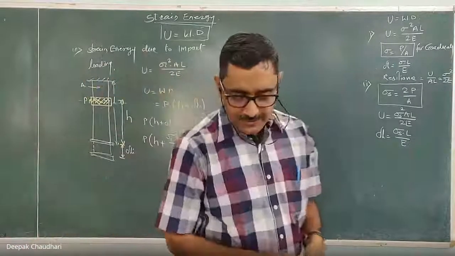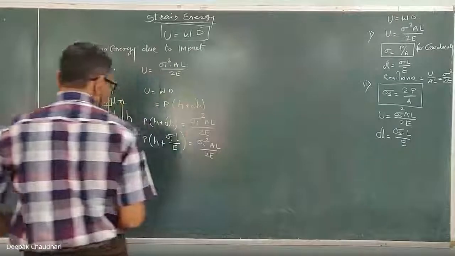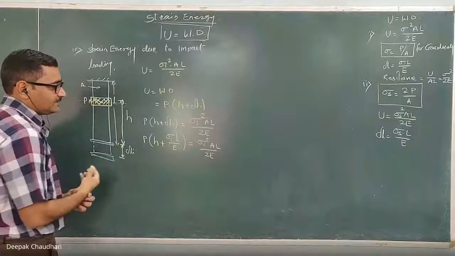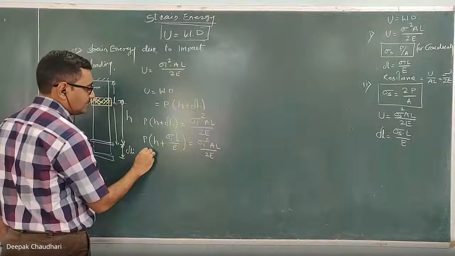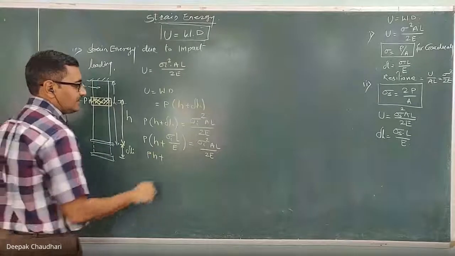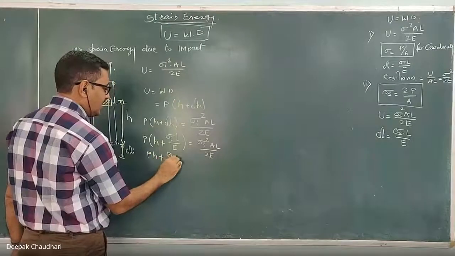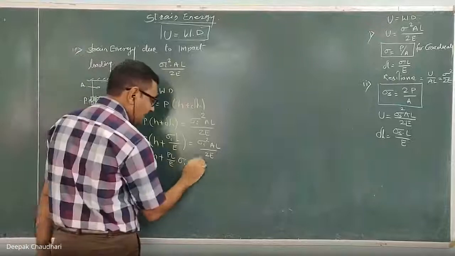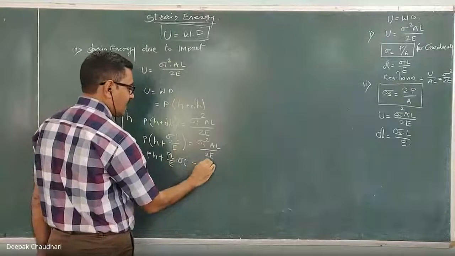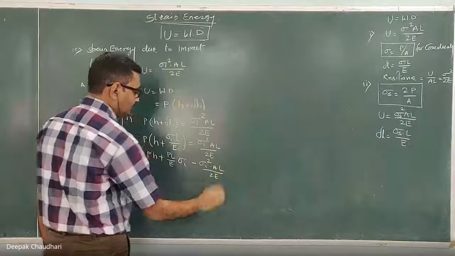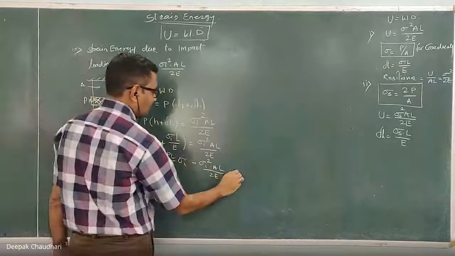Now, if I simplify this, it is P into h plus P L upon E into sigma I minus, taking it to this side, sigma I square into A into L upon 2E equal to 0.